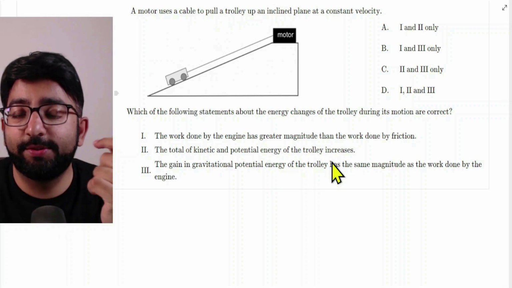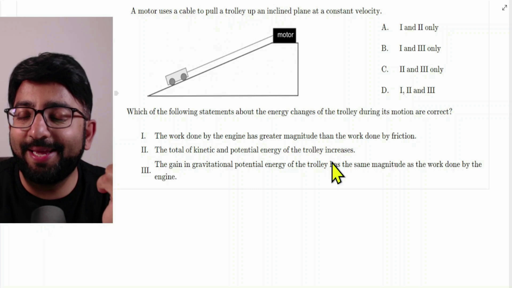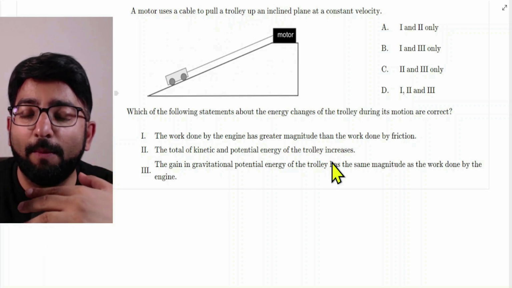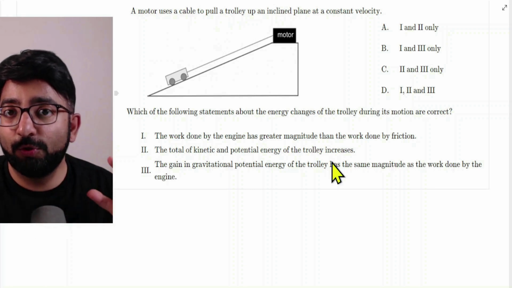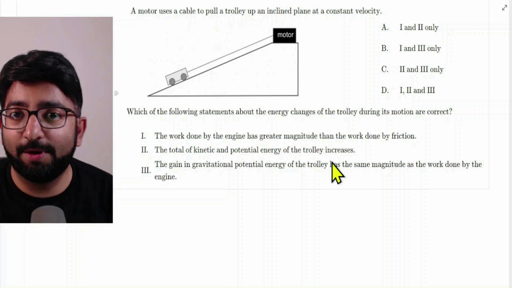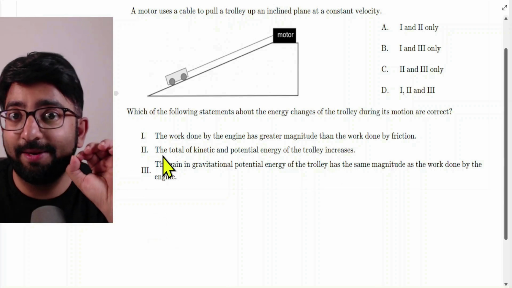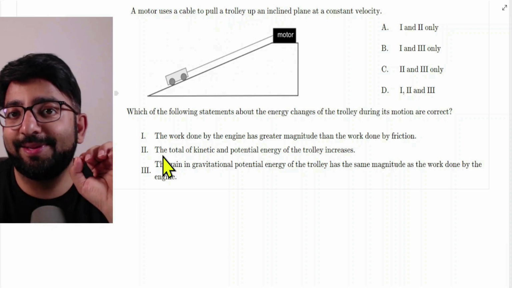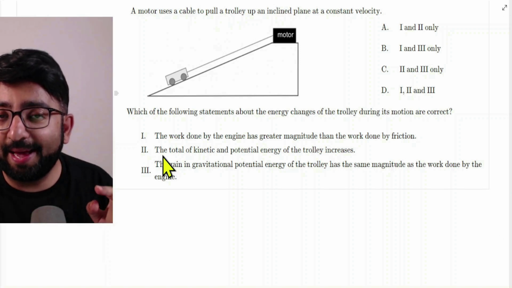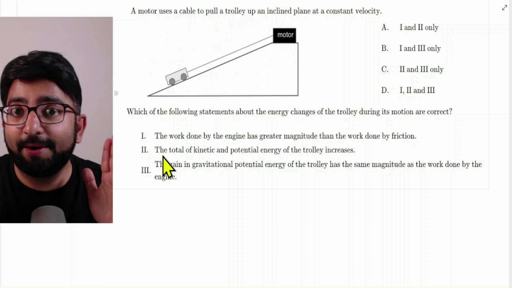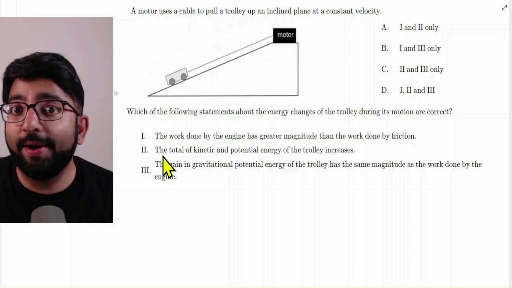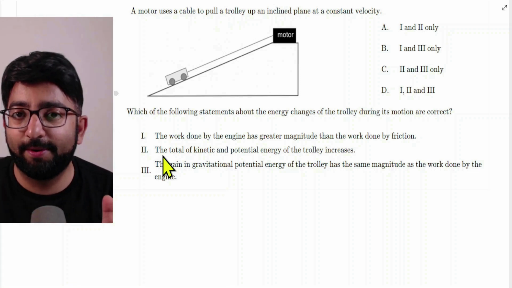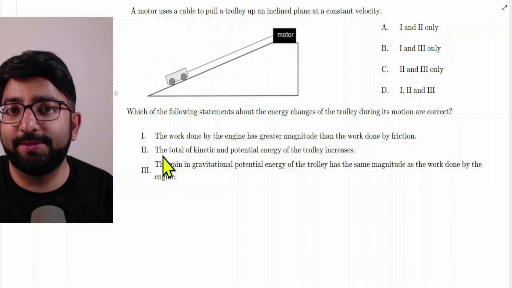Some students deduce that the total energy, which is called mechanical energy, which is nothing but the combination of kinetic and potential, is always conserved. That is why option 2 is incorrect. That deduction has a slight flaw. When we say mechanical energy is conserved, that is only true when no energy is lost to the environment, which means there are no resistive forces in the system.